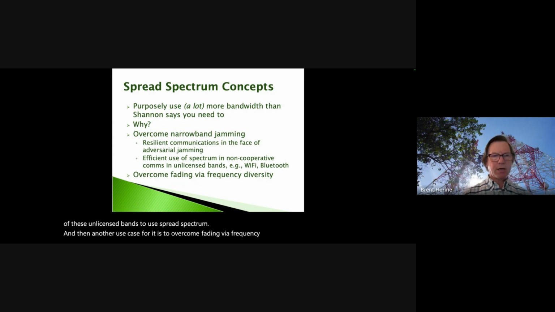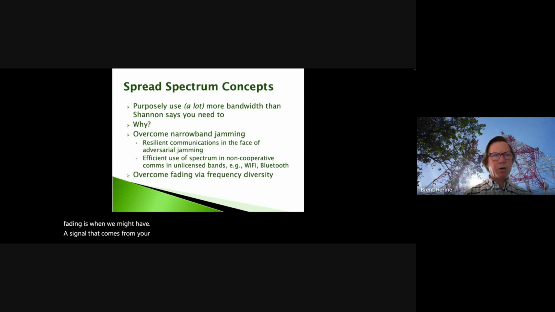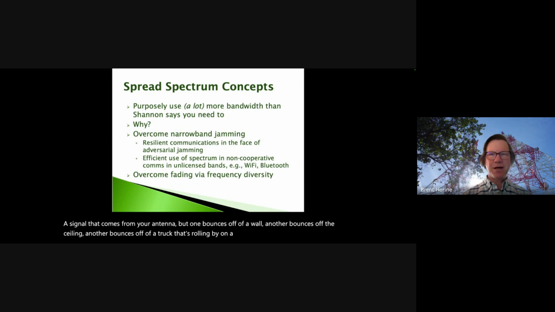Right. So again, fading is when we might have a signal that comes from your antenna, but one bounces off of a wall, another bounces off the ceiling, another bounces off of a truck that's rolling by on a street outside your house or apartment or office or whatever, right?